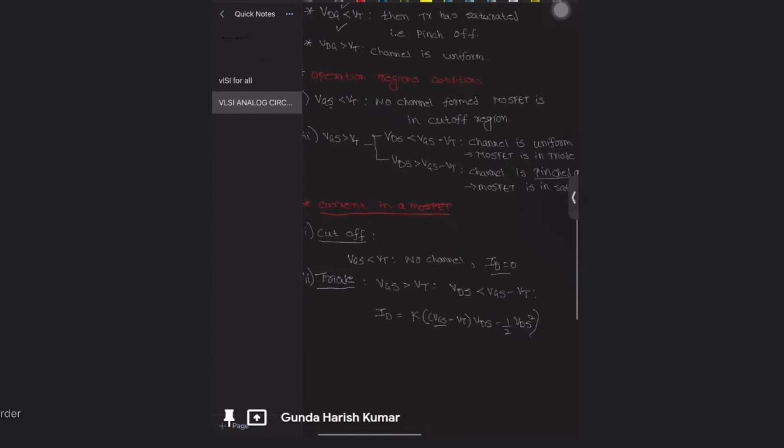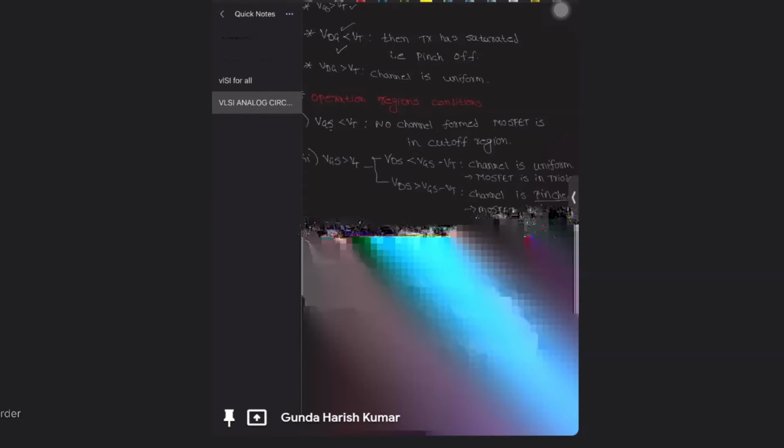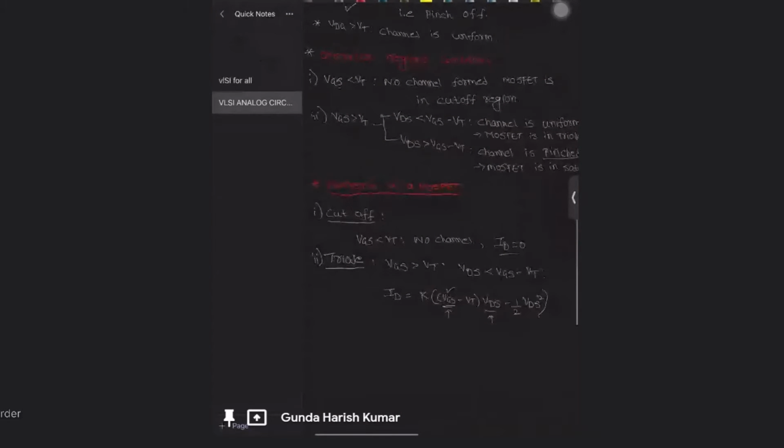This is an elaborate equation, but from the exam point of view, it is enough. If you increase VDS, it is a high voltage driving the resistor kind of thing, so more current flows. This is the triode region.